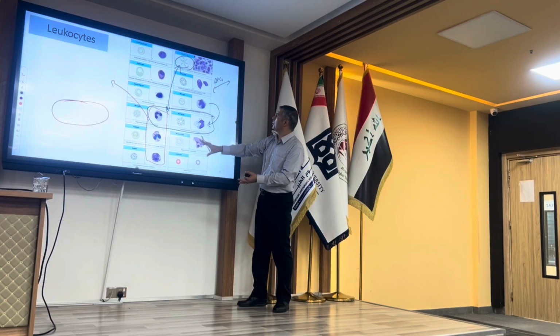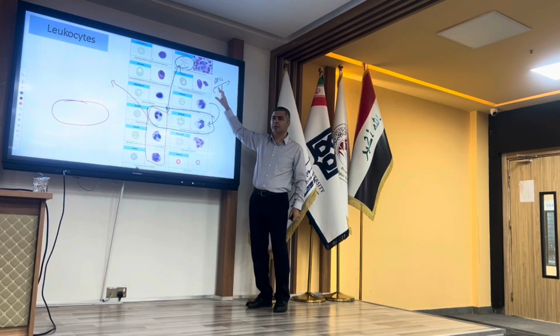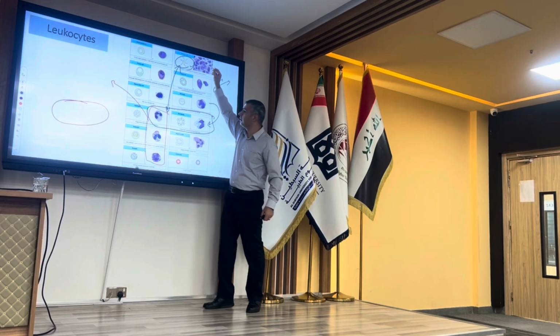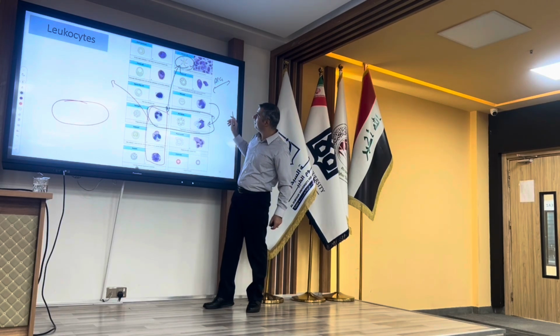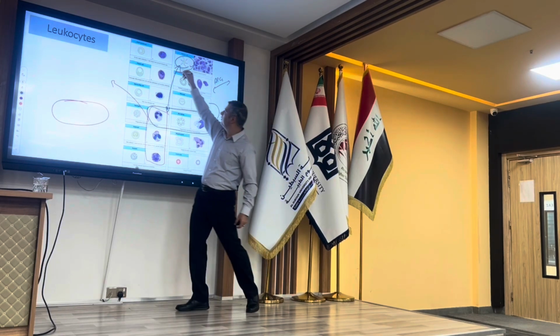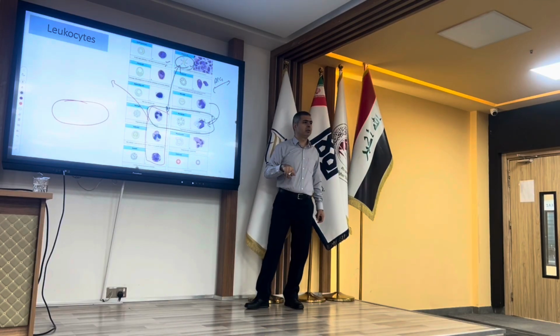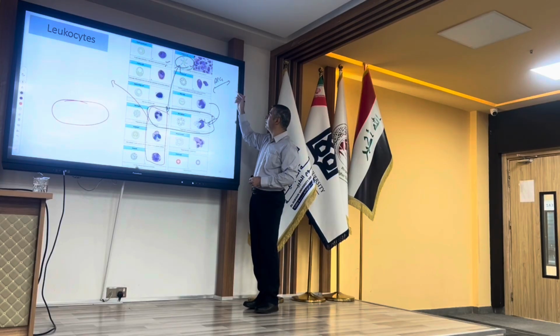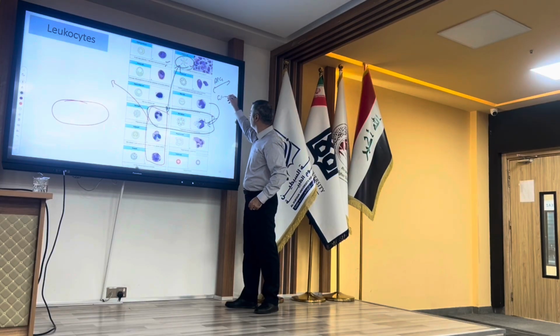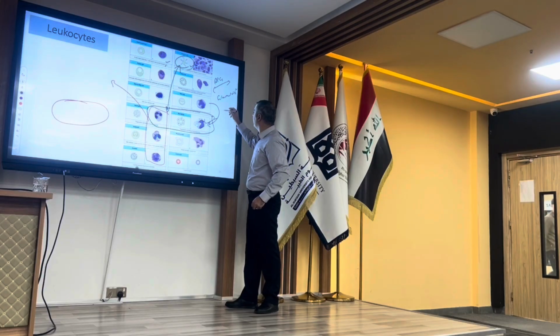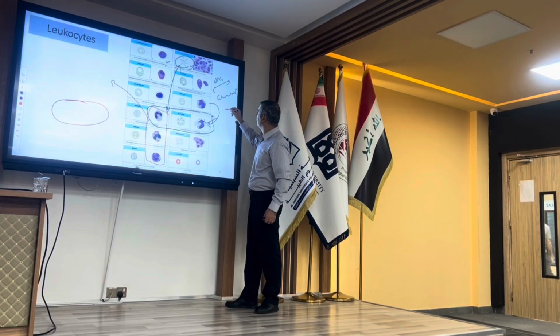Which of those cells are APCs? Dendritic cells and B cells, a small lymphocyte for example, and macrophages. Yes, they are the main APCs of the body. So all of them are in this image: APCs, granulocytes, and phagocytic cells.